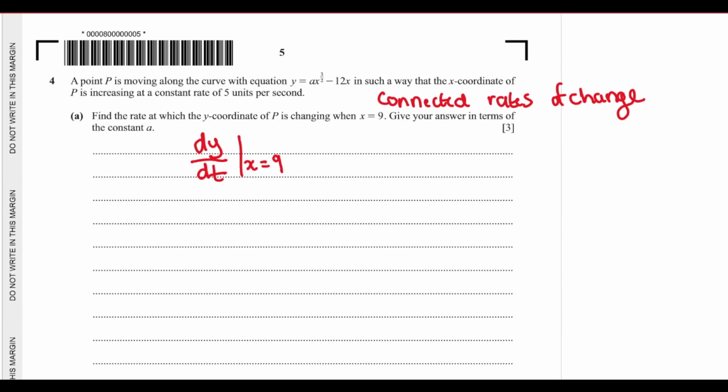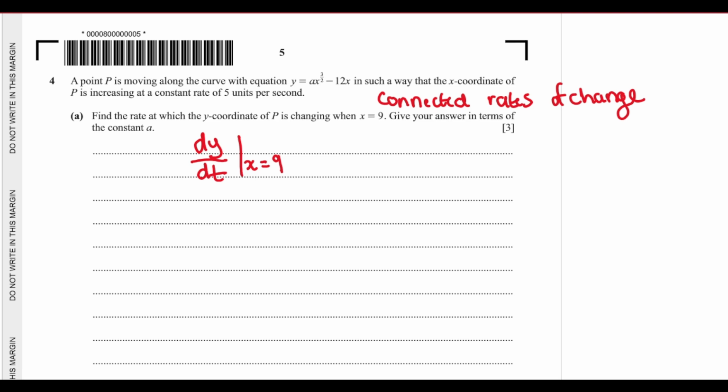Okay, let's look at question 4, which is on chapter 8 in your book, specifically connected rates of change. So they say a point P is moving along a curve in such a way that the x coordinate of P is increasing at a constant rate 5 units per second. So that has to do with time and an x coordinate.